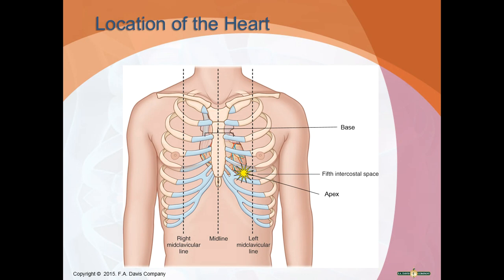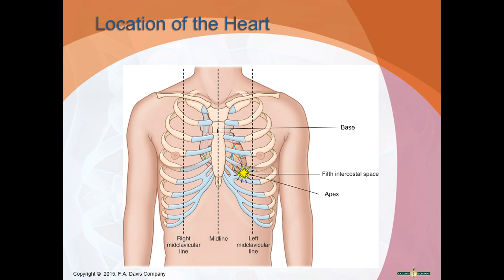So we already know where the location of the heart is because we learned that when we were talking about the locations of things in the body. It's about the size of your fist. The heart lies in the thoracic cavity in the mediastinum. The heart tilts toward the left. 2/3 of it extends to the left of the body's midline.